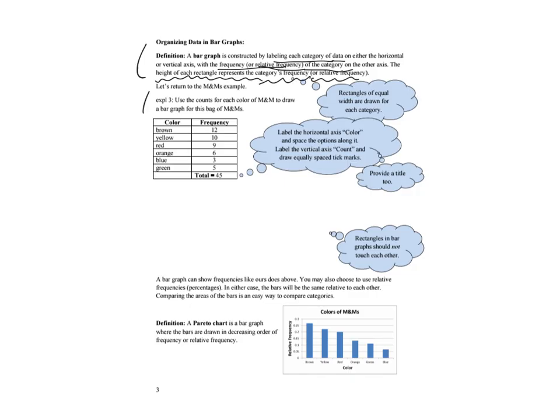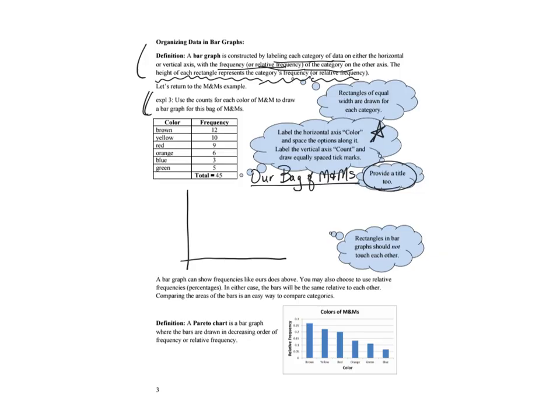So on number 3, I ask you to just practice drawing a bar graph. So here is my axes, and I want to make sure I label those axes and put nice tick marks down the way, and provide a title. That's a really good one.